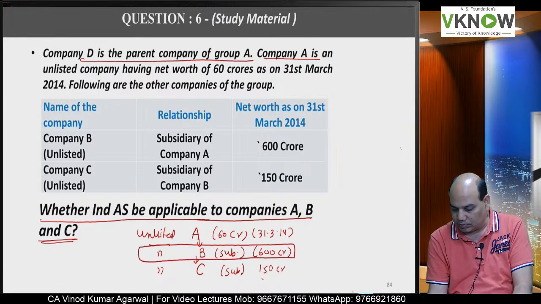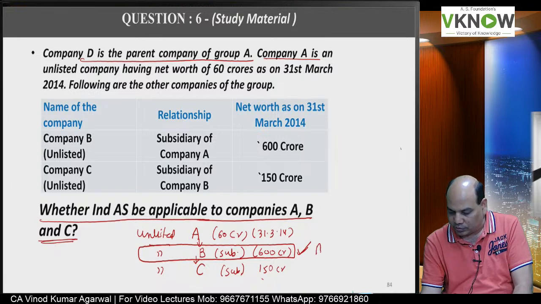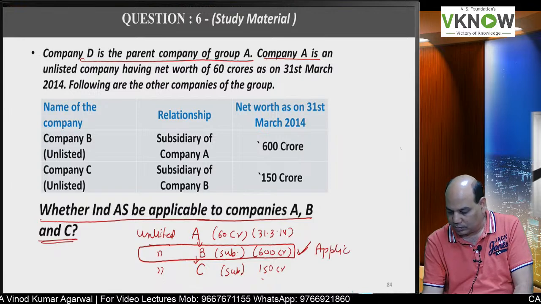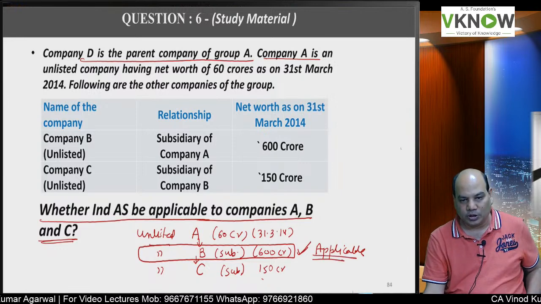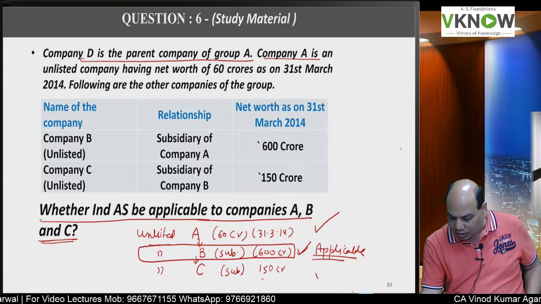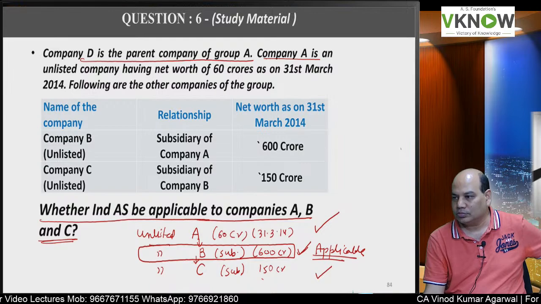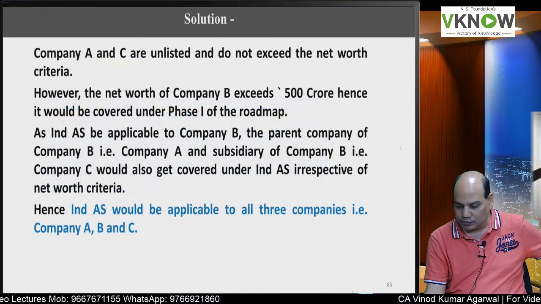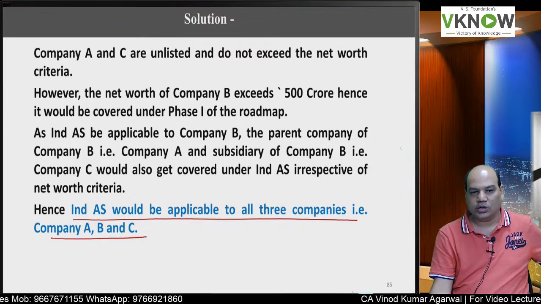B is a company whose net worth is more than 500 crore, so Ind AS is applicable to B. Once Ind AS is applicable to B, its parent company A and its subsidiary company C will also follow Ind AS. So the answer is Ind AS would be applicable to all three companies.